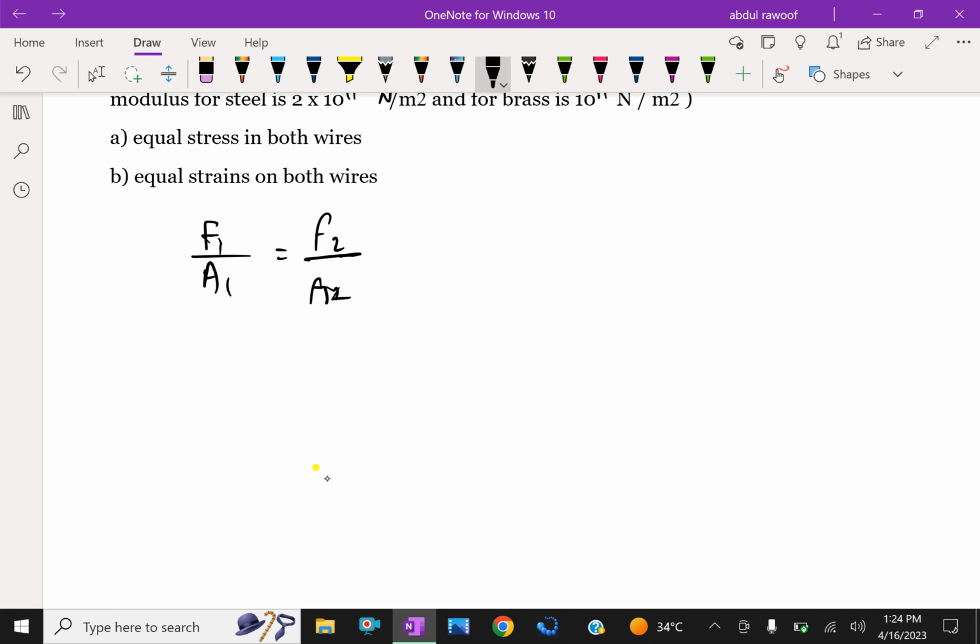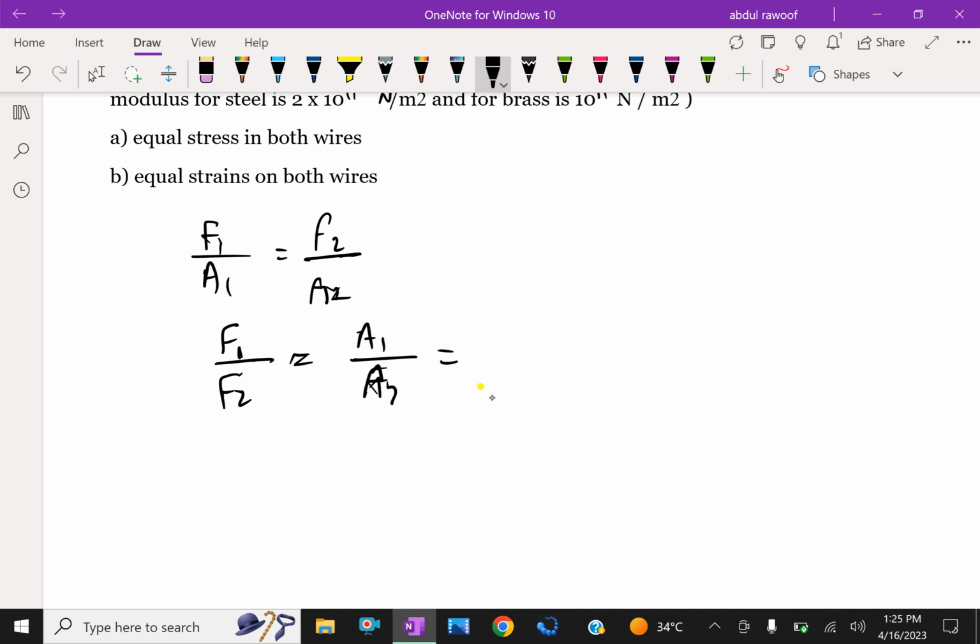That means force on steel divided by cross-sectional area is equal to force on brass divided by cross-sectional area. From this, F1 by F2 equal A1 by A2.